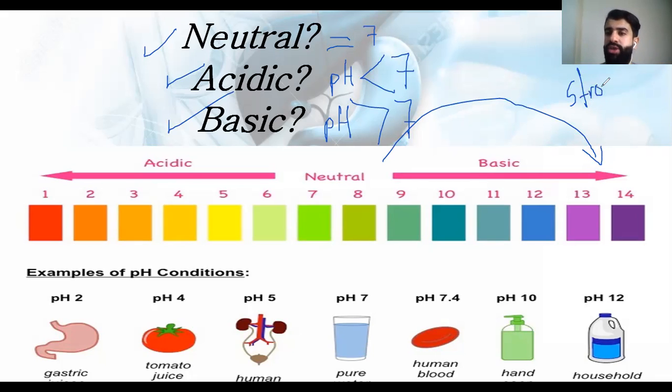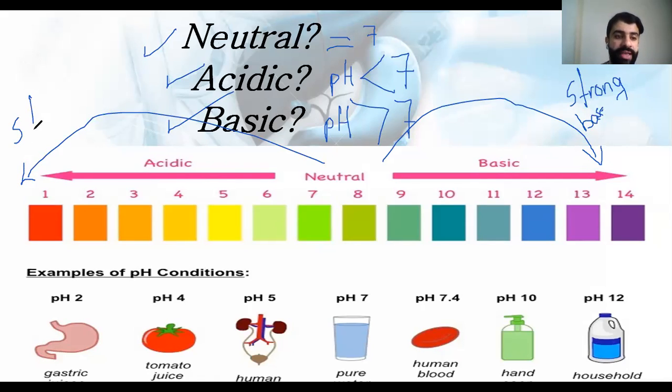Household bleach, Dettol, Flash, Prel, all that's used in the house to clean, are bases, so they are strong bases. However, as we move away from the 7 downward, we get the strong acid, sorry. The strong acid has pH 1, 2, 3, while the strong base has pH 11, 12, 13, and 14. So 14 is the strongest base, and 1 is the strongest acid.